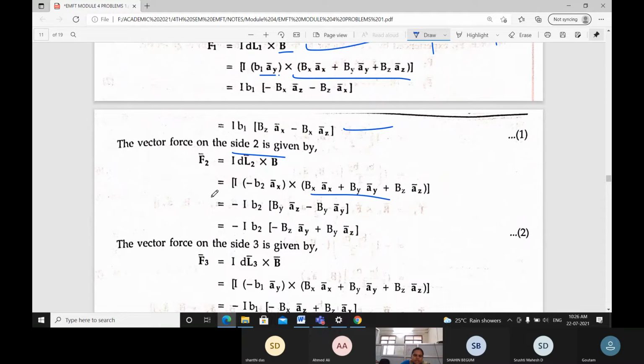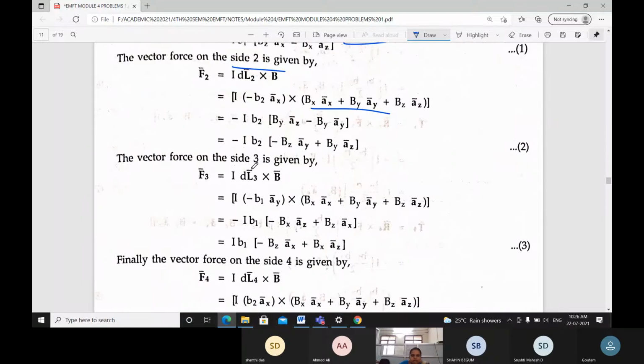Again go for the determinant, and we get minus I into B2 into By az minus Bz ay. Then we can write it as minus I B2 into minus Bz ay plus By az.